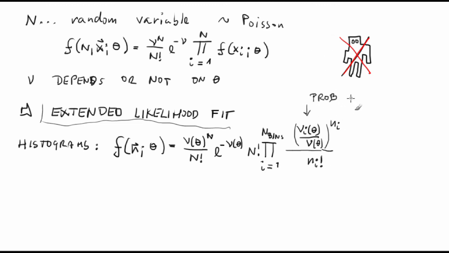Note that we express the probability for an event to fall into the bin i as nu i over nu.